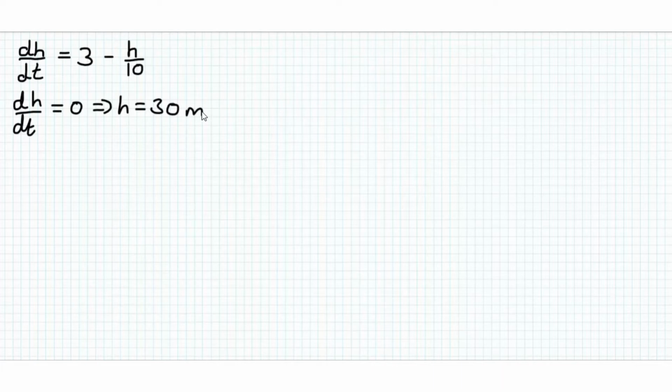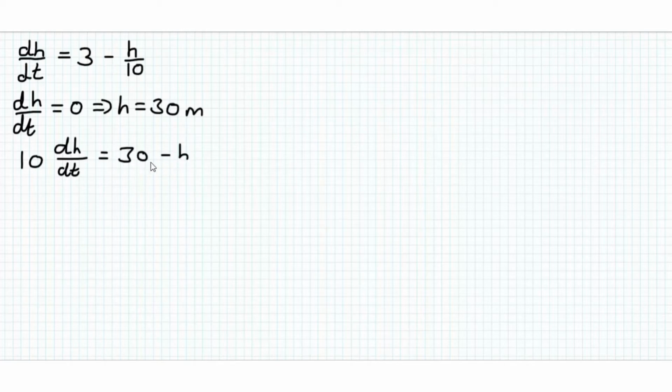Now, the next thing we're going to do is find an explicit formula for h in terms of t. The way we're going to do that is using our techniques of solving separable differential equations. So I'm going to multiply both sides by 10, so 10 dh/dt is equal to 30 minus h.